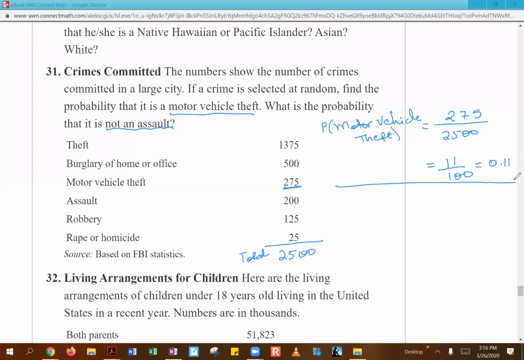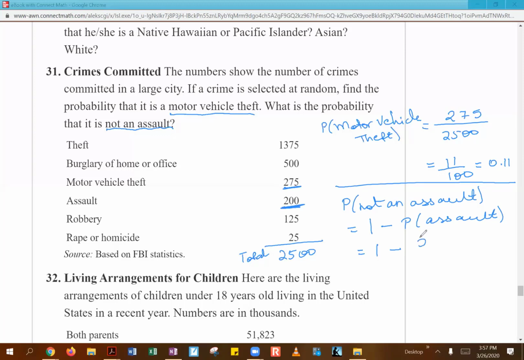Okay, so that was the first part. The second part, they're asking us what is the probability that it is not an assault. This is a complementary event here, which means you have to do 1 minus the probability of an assault. So again, you have to figure out the probability of assault. Going back to our table, you can see the number of assaults happening in the big city is 200.